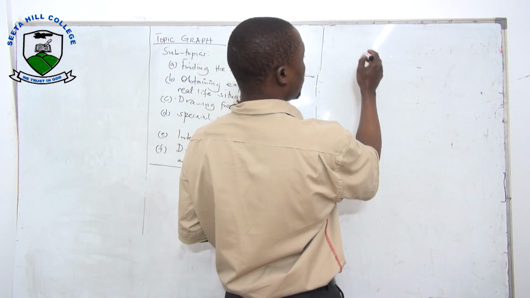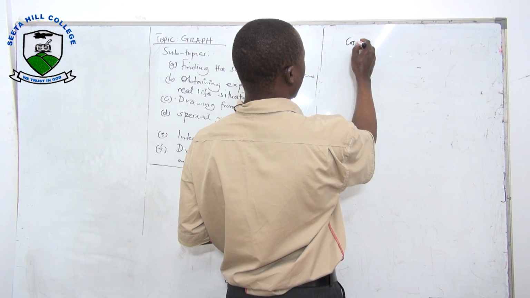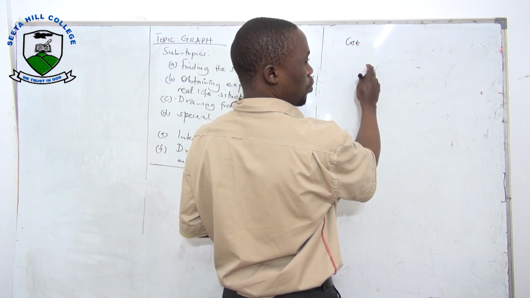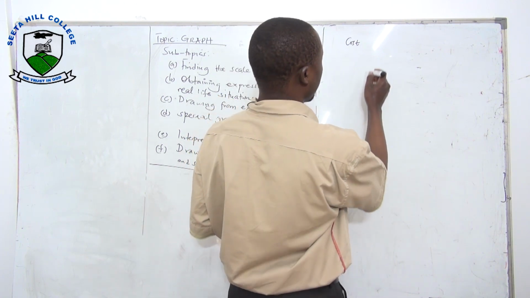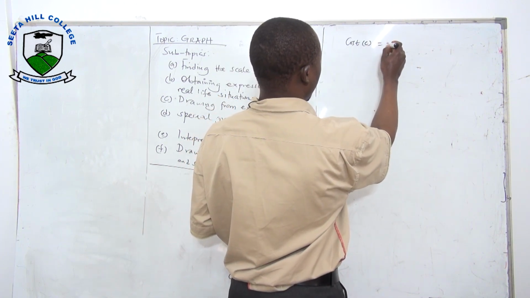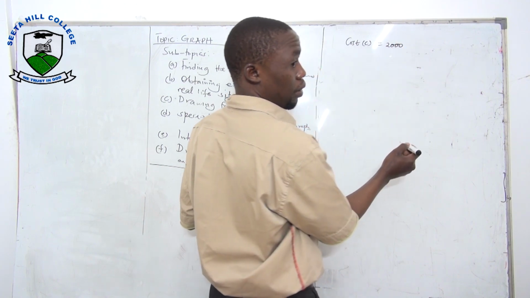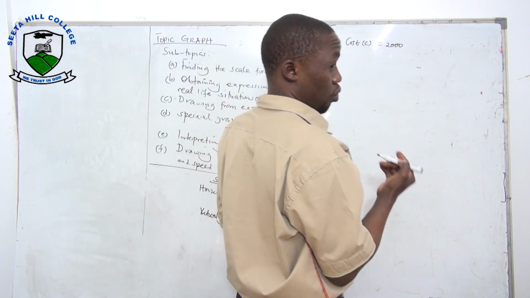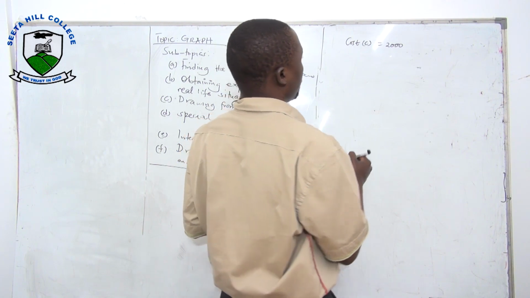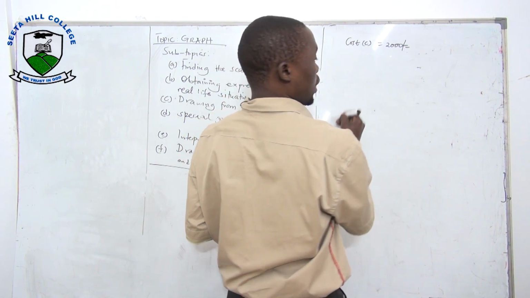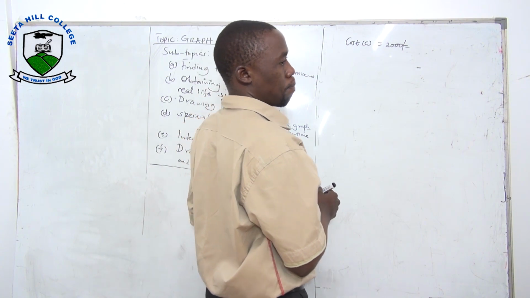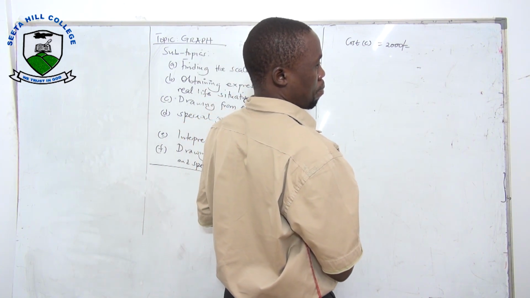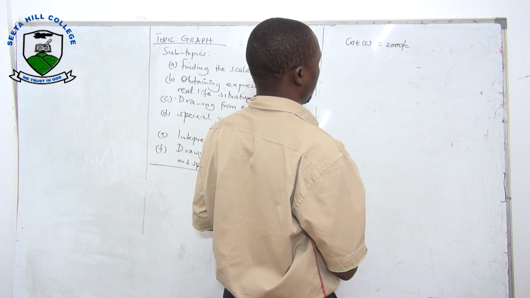The cost of the taxi for each kilometer is 2,000 shillings. It's 2,000 for each kilometer, not so? That's for 1 kilometer. Okay. Then write down an expression for the cost C in shillings in terms of distance D in kilometers.